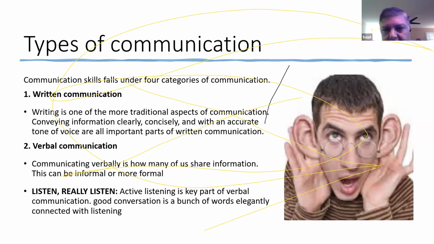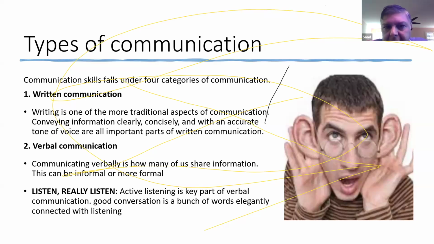Types of communication. Communication skills usually fall under 4 categories. Number one, written communication. As you know, writing is one of the most important forms of communication, and it's also very traditional.